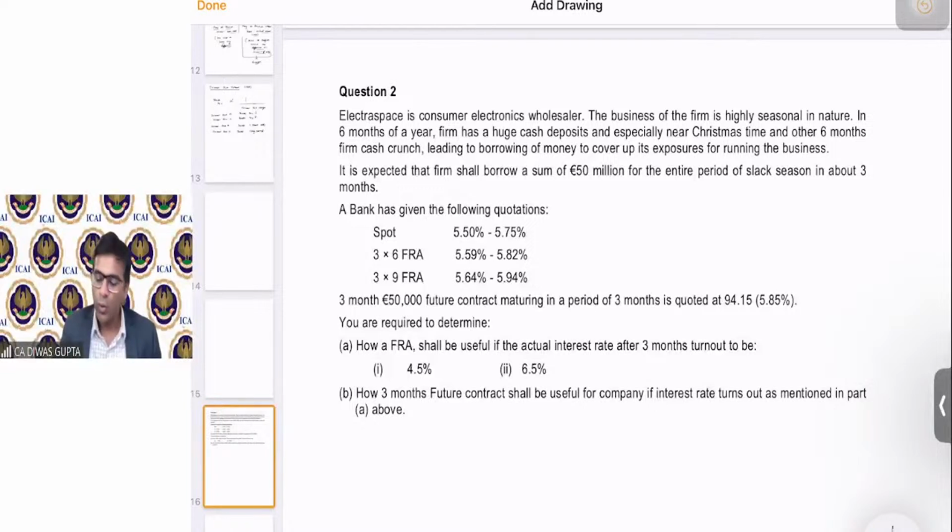Question number 2 says Electra Space is a consumer electronics wholesaler. The business of the firm is highly seasonal in nature. In 6 months of a year, the firm has huge cash deposits, and especially near Christmas time and other 6 months, the firm is in a cash crunch, leading to borrowing of money to cover its exposures for running the business.